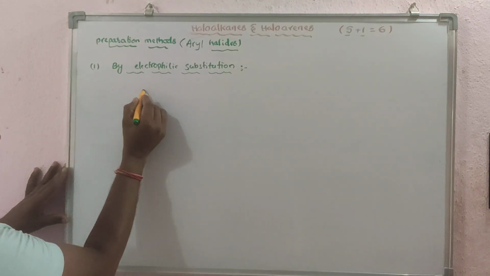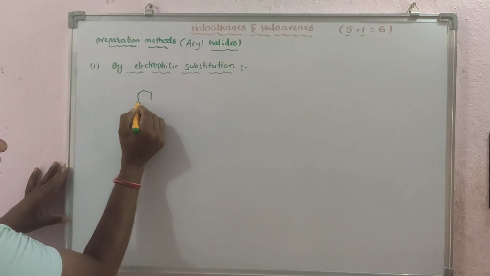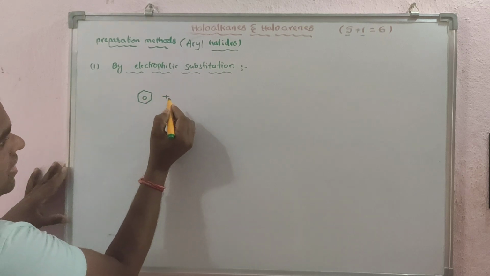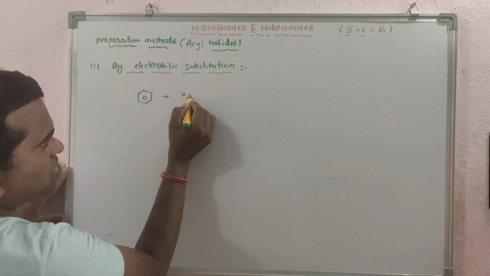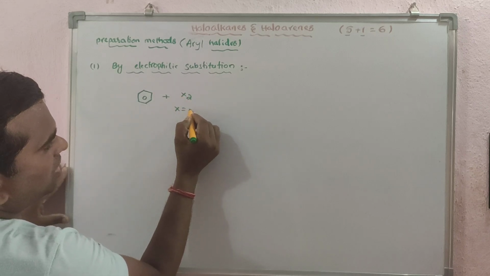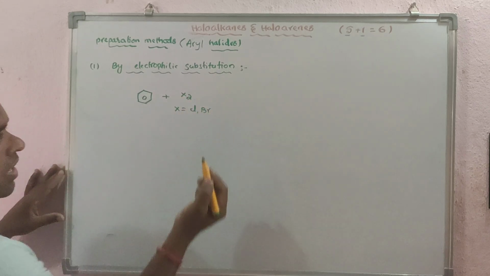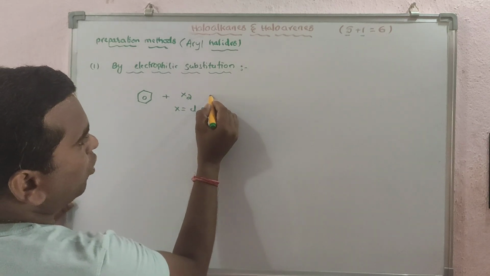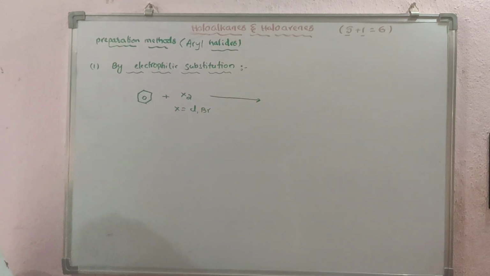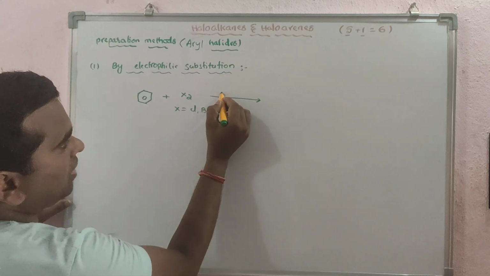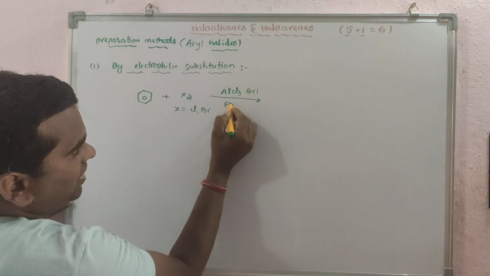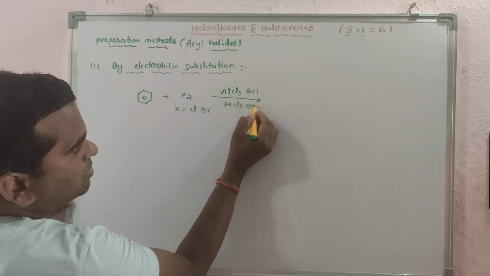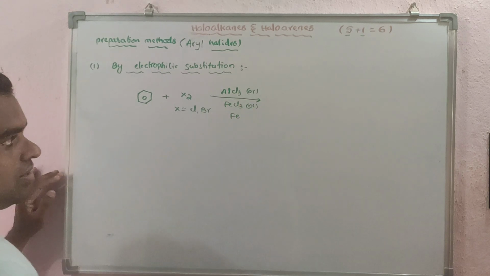So here I will take benzene and treat it with a halogen, X2, where X is mainly chlorine and bromine, in the presence of Lewis acids like AlCl3 or FeCl3, or sometimes they will give iron. Why?